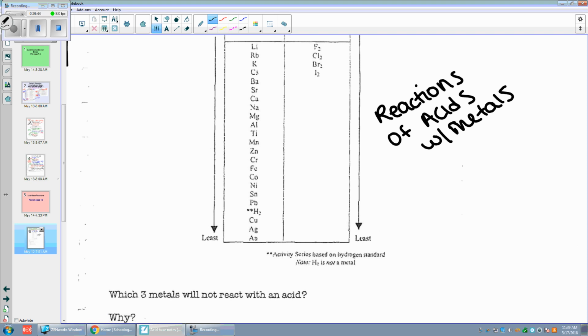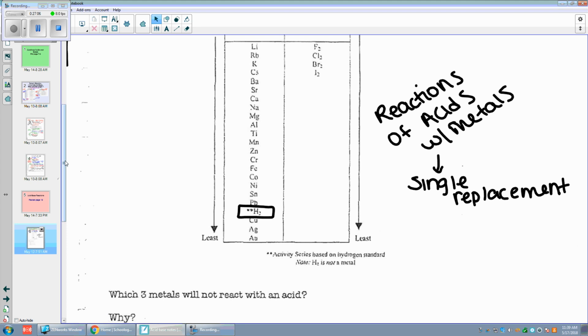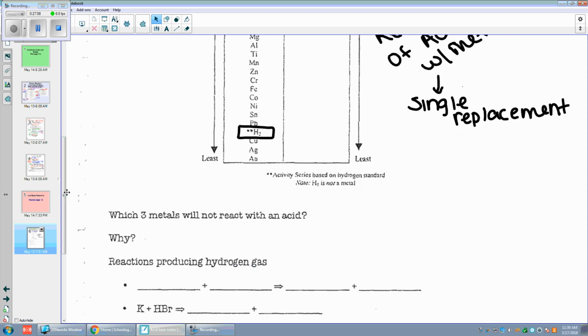My reaction of acids with metals. Because acids have H, so metals will try and react with them. These will be my single replacement reactions, which we have been doing. Remember, we always have to check table J if I'm doing a single replacement.